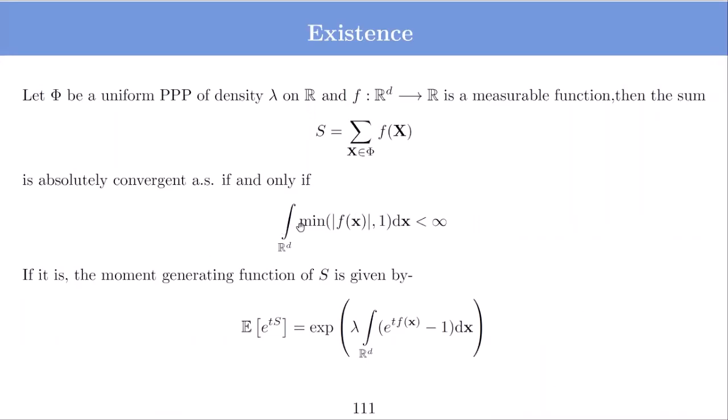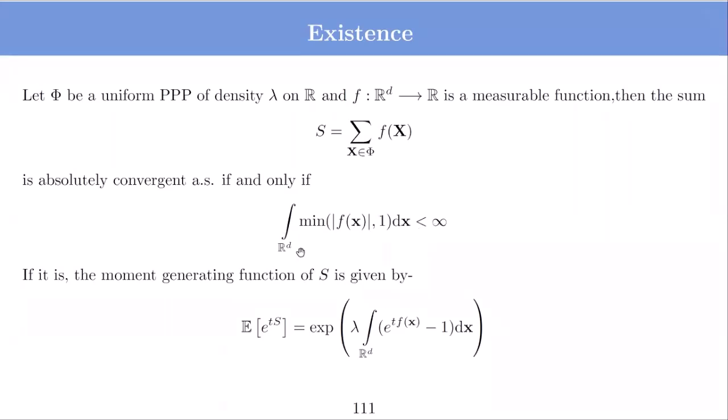In this integration, you take the function's absolute value, compute the minimum with 1, and integrate over the space. If this is convergent, then you get that this summation is also absolutely convergent, and then its Laplace transform or MGF will exist and is given by this.